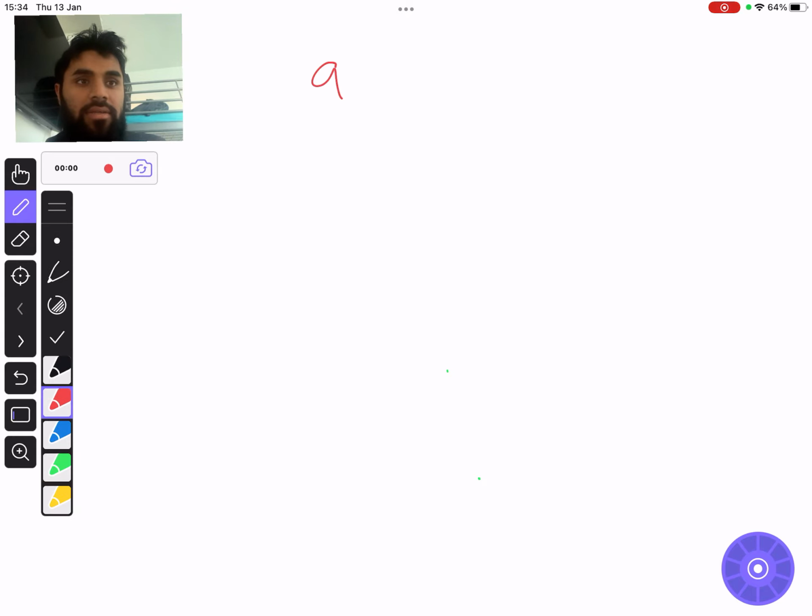So 9x plus 4y equals 82, and 3x minus 4y equals minus 10.